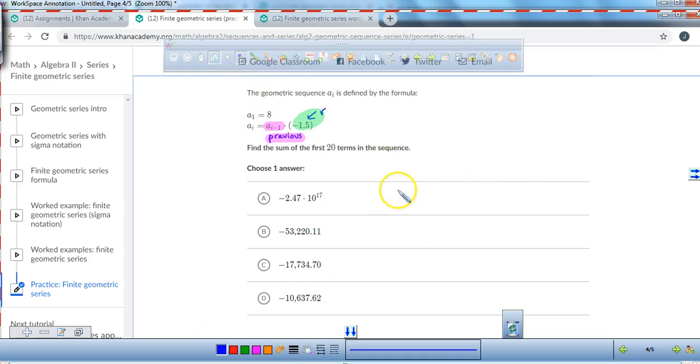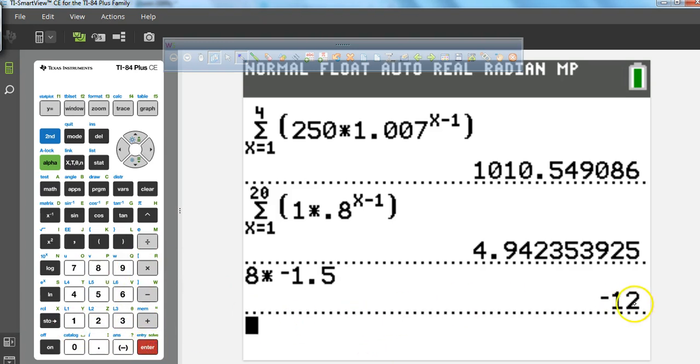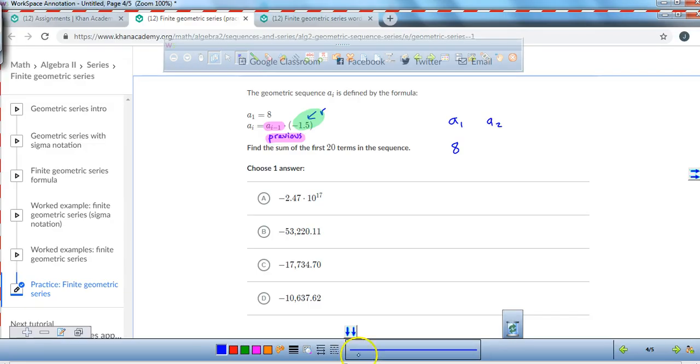So let's think about what our first term is going to be. Ready? Our first term, they say, is 8, which means our second term is going to be 8 times negative 1.5. So 8 times negative 1.5 gets us to negative 12. Then what do we do again? We multiply that by negative 1.5, and we keep doing this over and over.